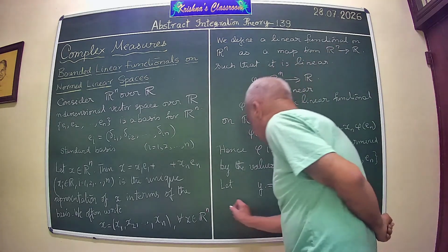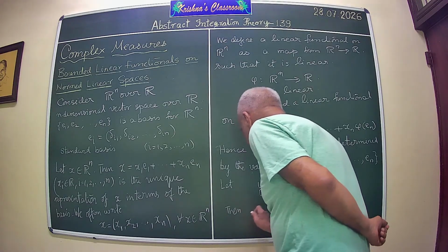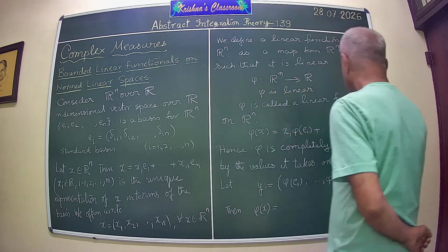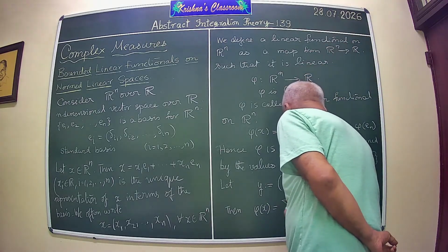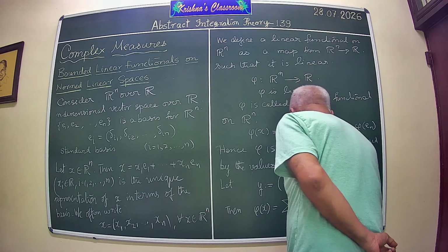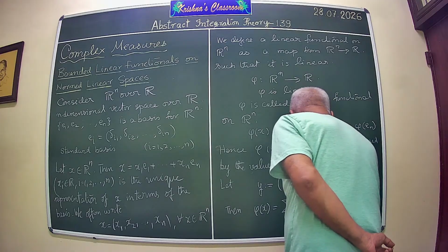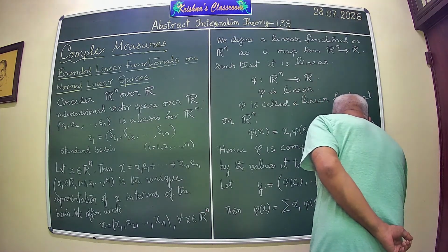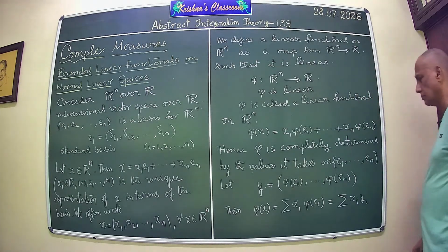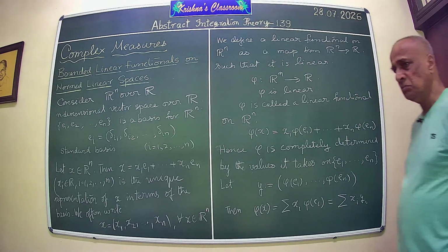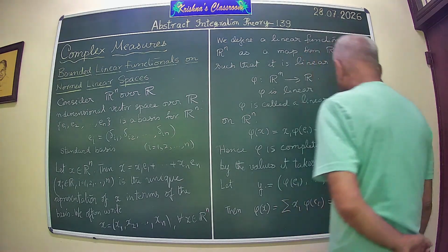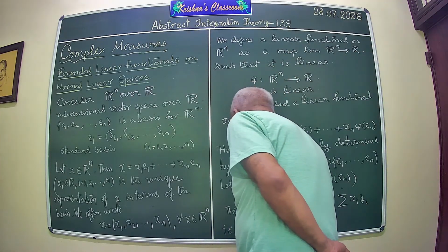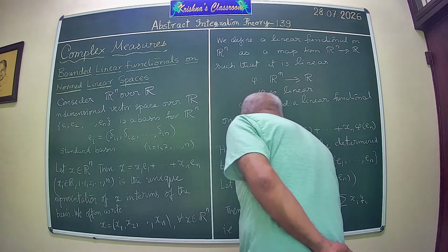Then phi x is equal to sigma xi phi ei, which is equal to sigma xi yi. Okay.